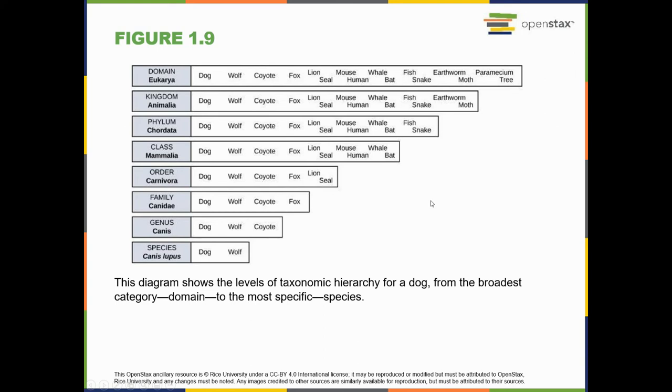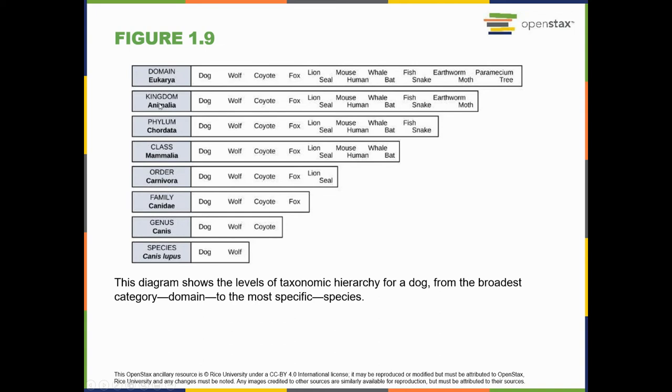This next figure, I hate this figure. It's supposed to tell you about the variety of species, right? The taxonomy, the hierarchy of a dog. So we've got the dog down here, and the way they're trying to explain this is that the full name of the dog would be the species, and then the genus, then the family, then the order, then the class, phylum, kingdom, and domain.